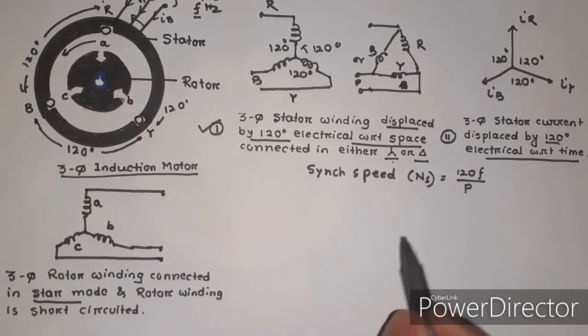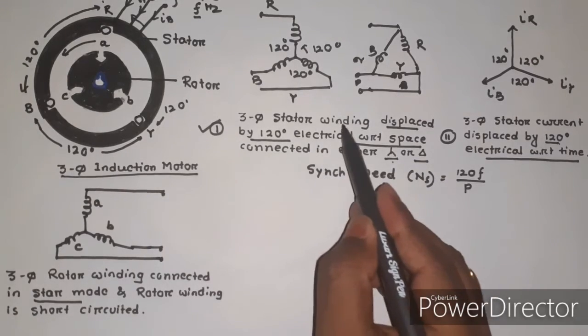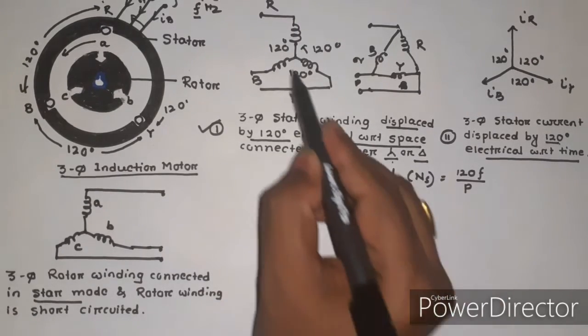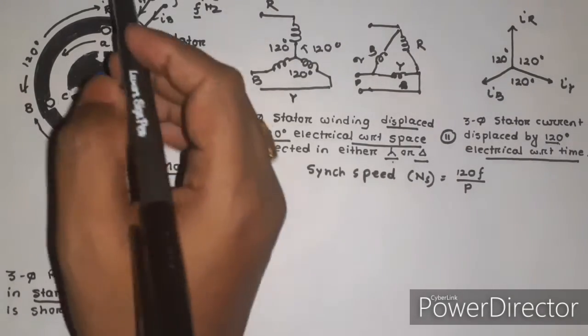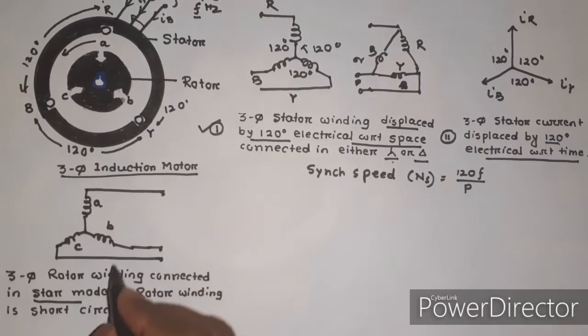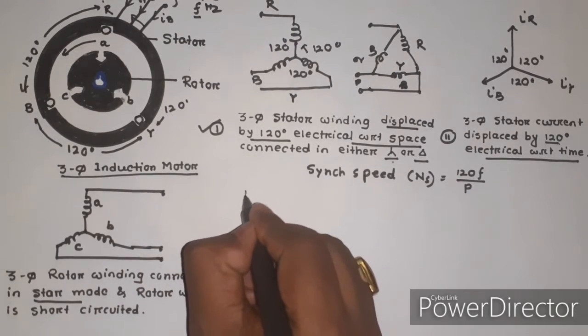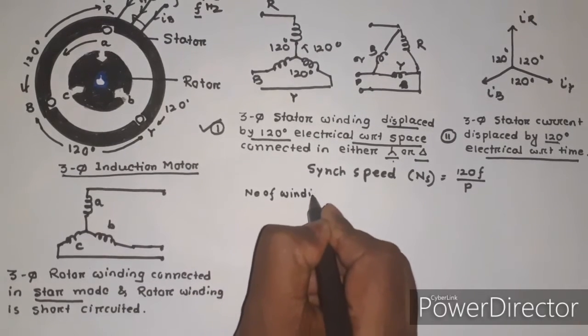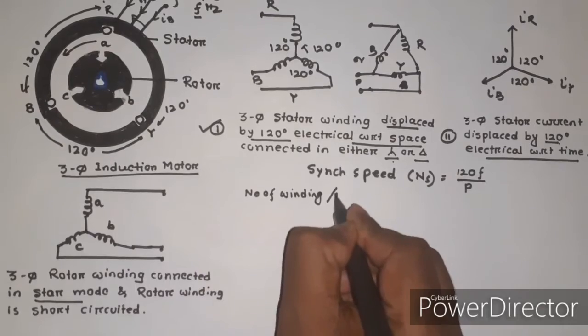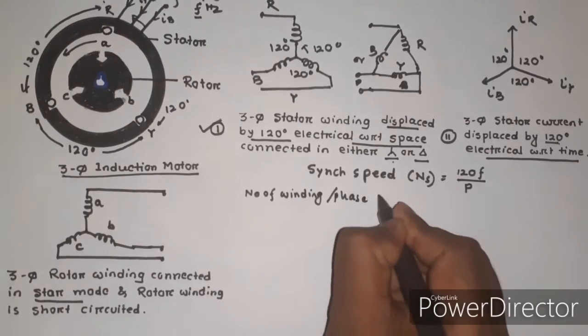One point must be clear: the stator winding may be connected in star or delta, but the rotor winding must be connected only in star. Why is this done? In class number 37, I explained that the advantage of star mode is that the number of windings per phase is less.